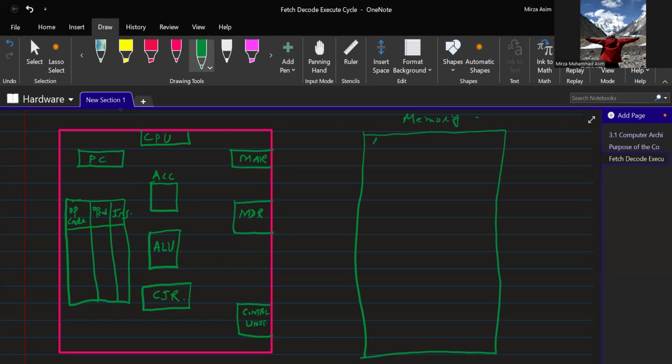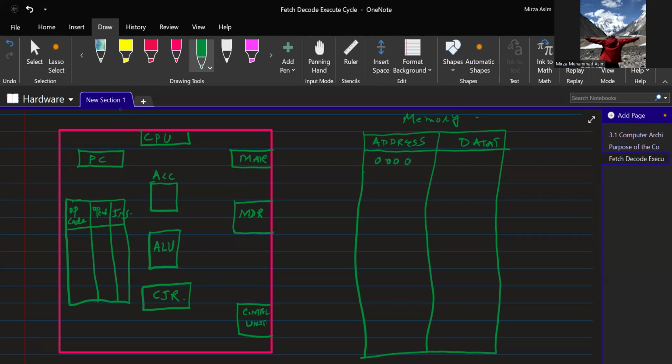So it has addresses and it has data. So let's start. What happens? Oh, sorry. Let me place some data as well so that you can understand.